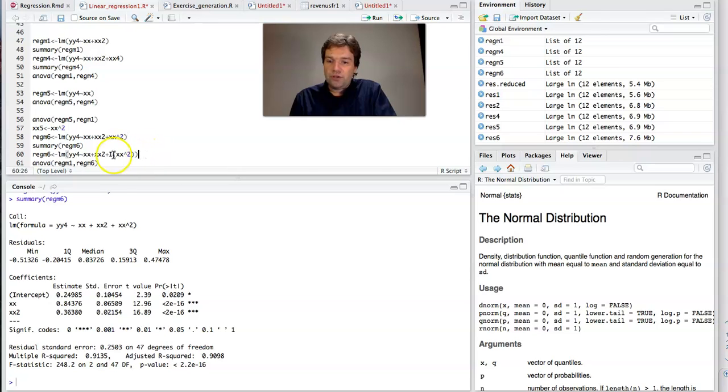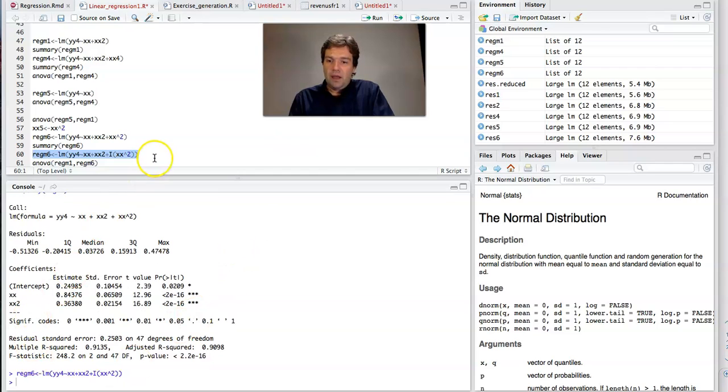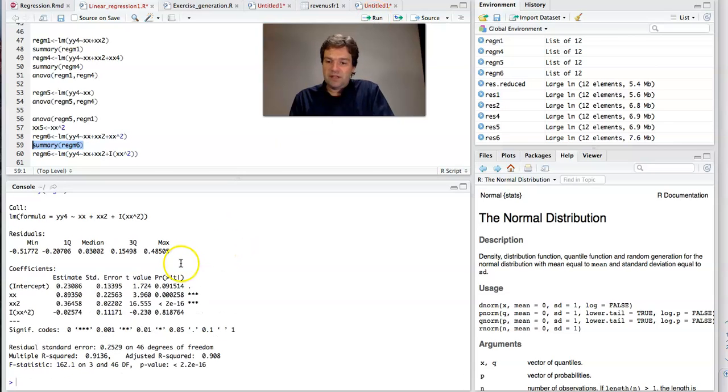Another simple way to achieve that is to write the formula with yy4 as a function of xx plus xx2 plus I, parenthesis, xx2 up to the square, and you close the parenthesis here. If you run this function and get the summary of this new regm6, you will get a coefficient for xx up to the power 2.